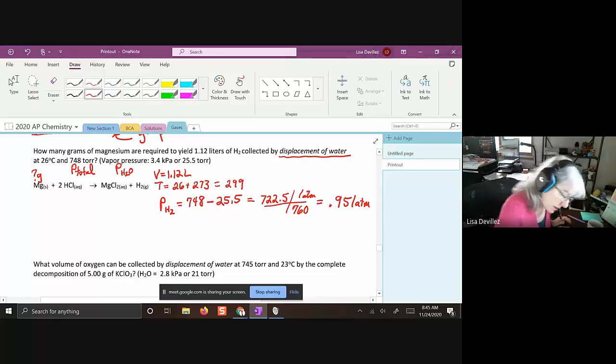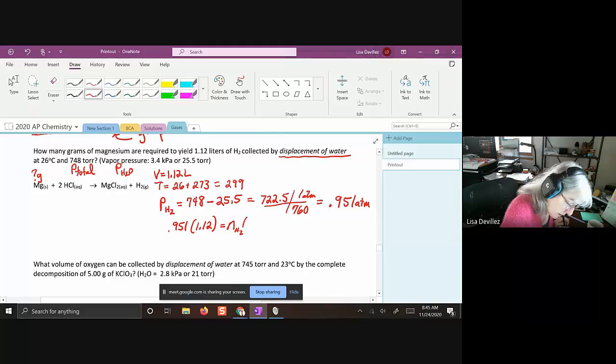Then I would use that to do my PV=nRT. So I have 0.951 times my volume equal to my moles of hydrogen times 0.0821 and 299.